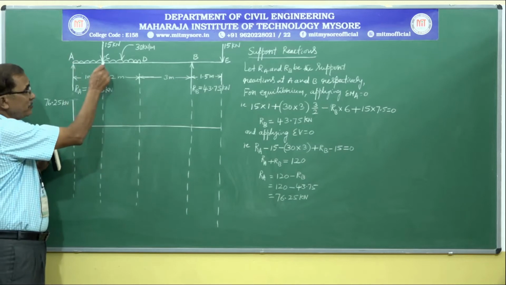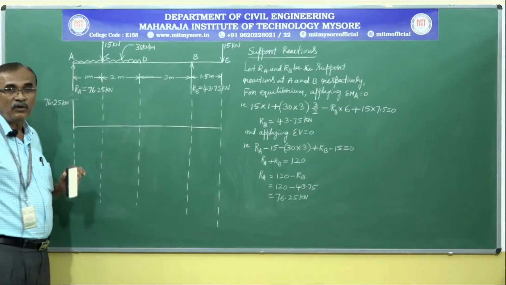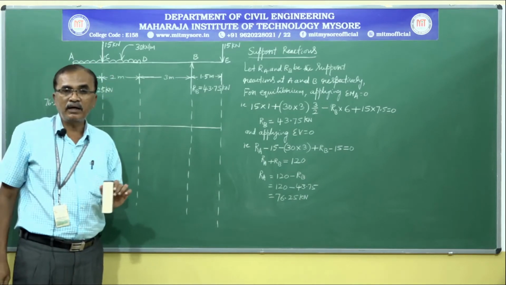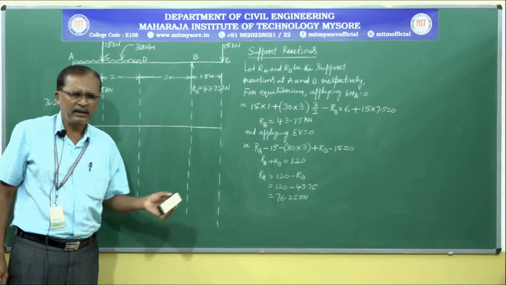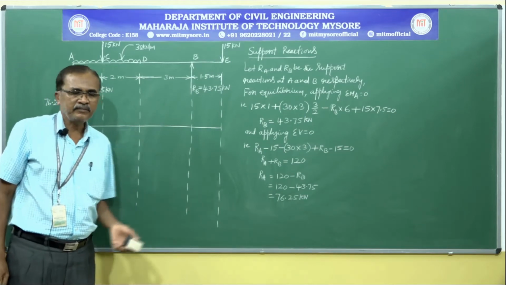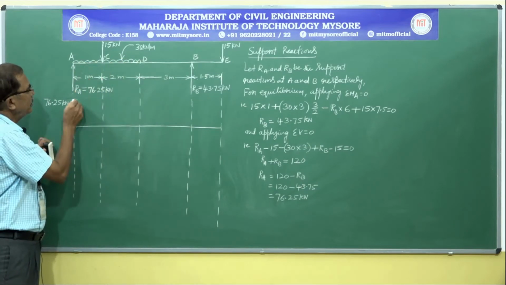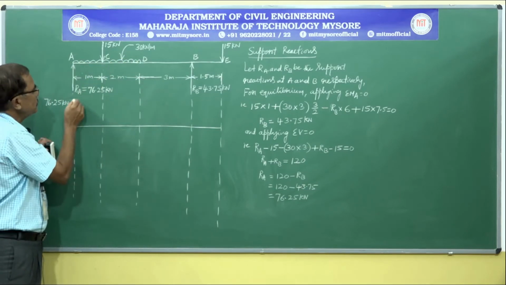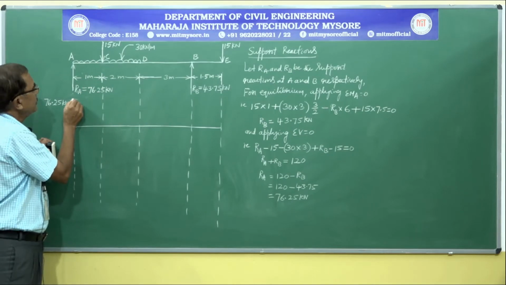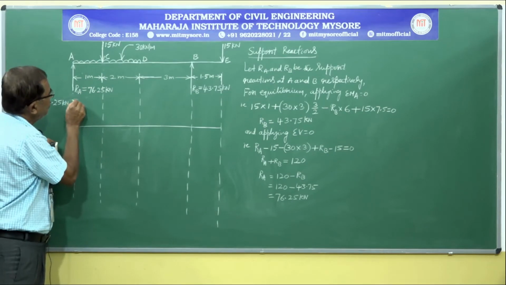And we know the variation of shear force diagram for uniformly distributed load. It is an inclined line or linear line. 30 into 1, 30, and from A to C it has to come down linearly by 30 kilonewton.